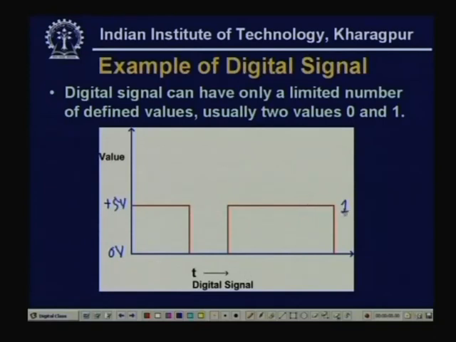So, as you can see, the signal has two distinct values. Here let it be 1, 1, 0, 1, 1, 1 and 1. So, in terms of ones and zeros, the digital data is converted. So, in digital data we have only two different values.